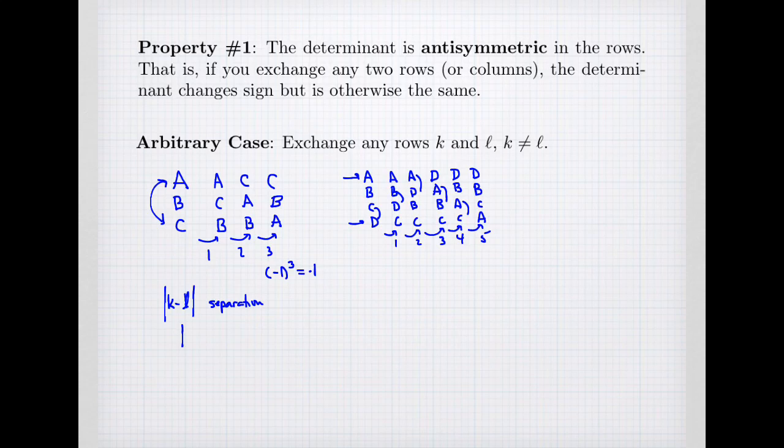And then I have the same amount minus 1 to bring the other one down to the bottom. And so the number of steps is 2 times the absolute value of how far apart they are, minus 1. And this is always odd. And -1 to an odd power is -1.